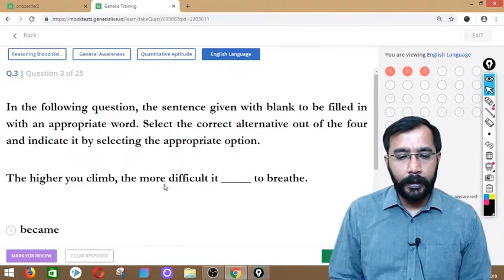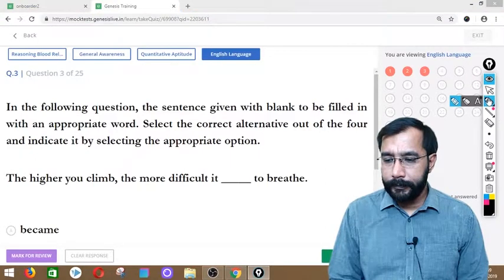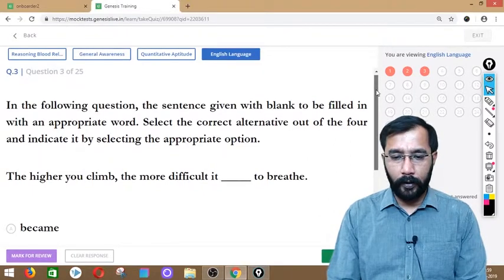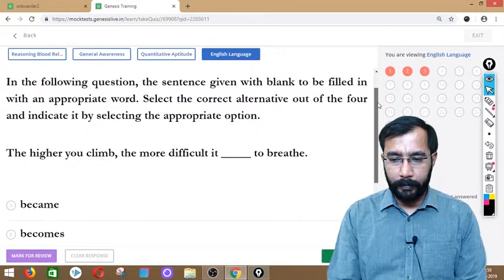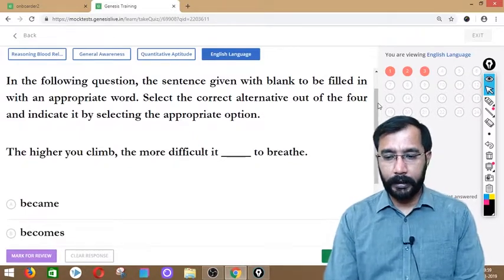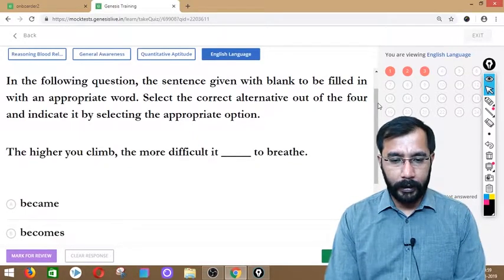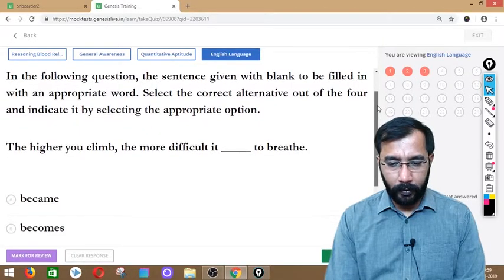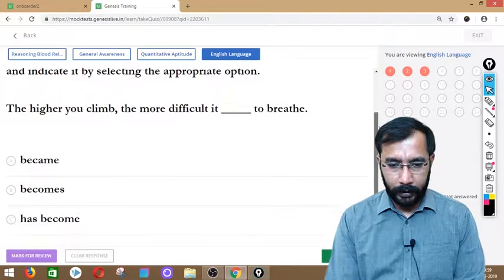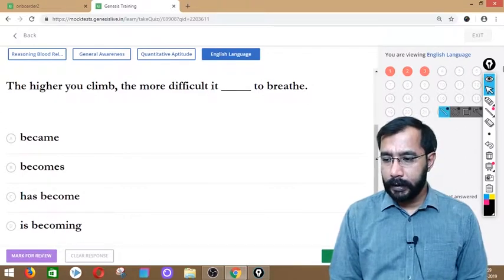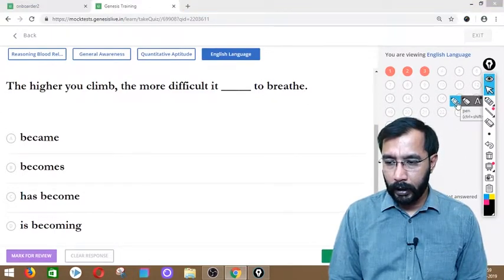All right, the next question. Question number 3. In the following question, the sentence is given with a blank to be filled in with an appropriate word. Select the correct alternative of the four and indicate it by selecting the appropriate option. The higher you climb, the more difficult it dash to breathe. Let's look at the sentence itself. The sentence starts with the higher you climb.